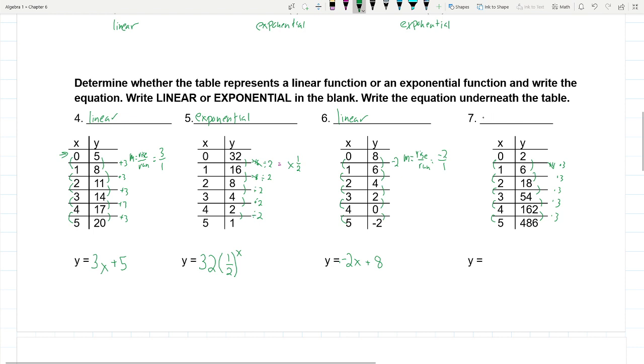Because it's multiplication, that tells me that it's exponential. And so writing this equation, my initial value, when my x was 0, my y was 2. My change is multiplying by 3, so I just put a 3 in here to the x power.